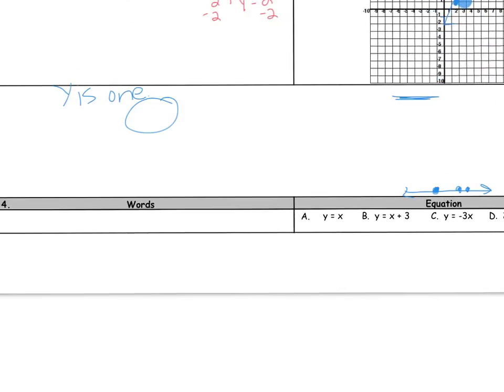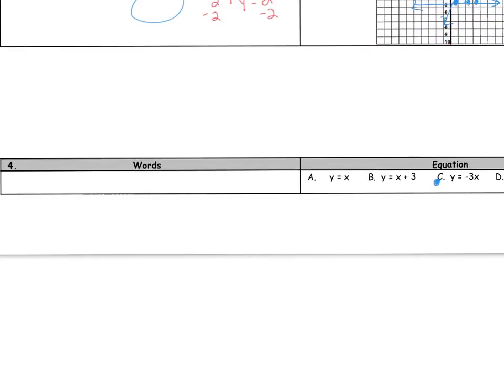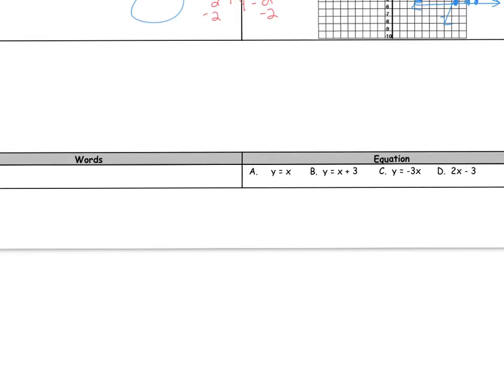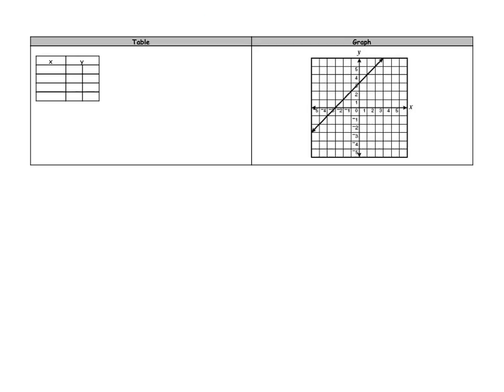And then our last equation that we're going to be looking at, there are actually 4 of them. And once again, I believe we are given the table. So actually I'm given 4 equations and I have to write the table and I'm given the graph. So I remember A was y equals x.